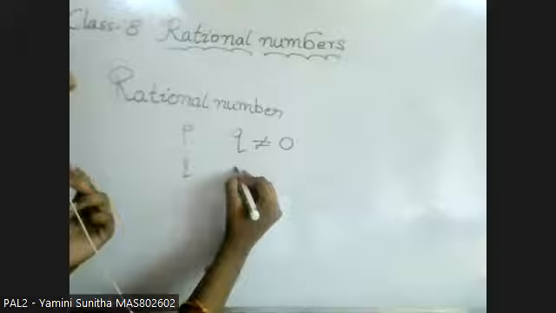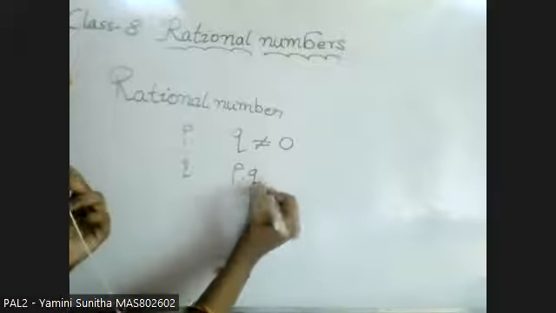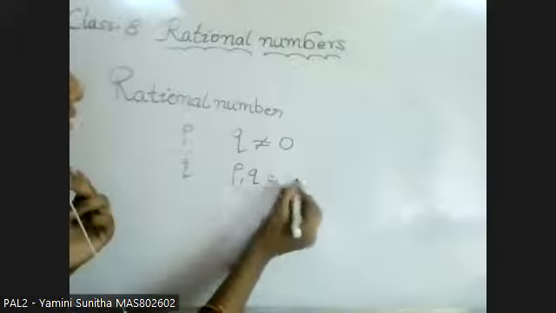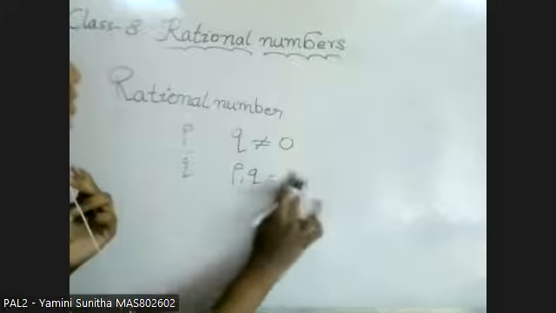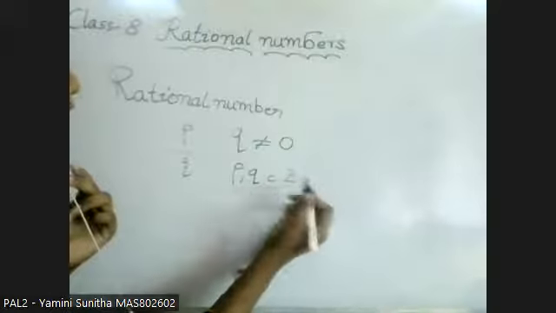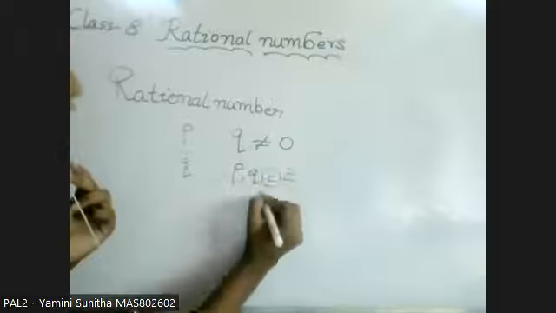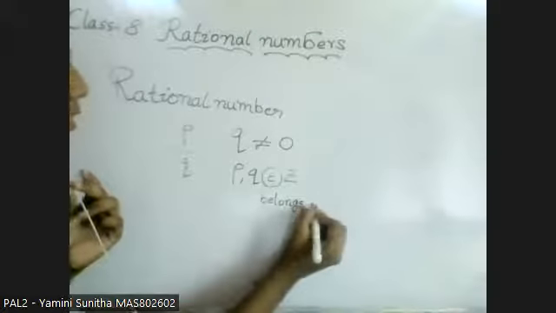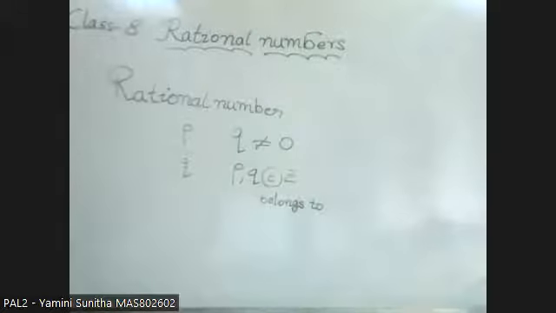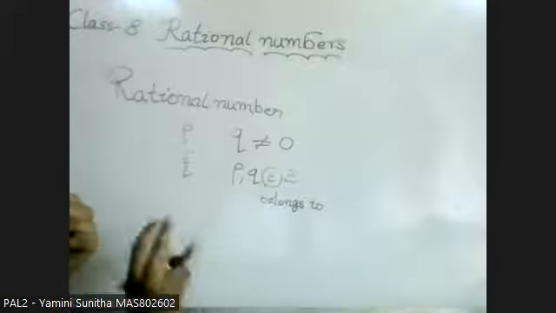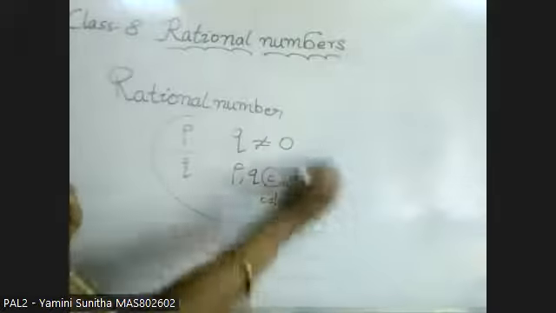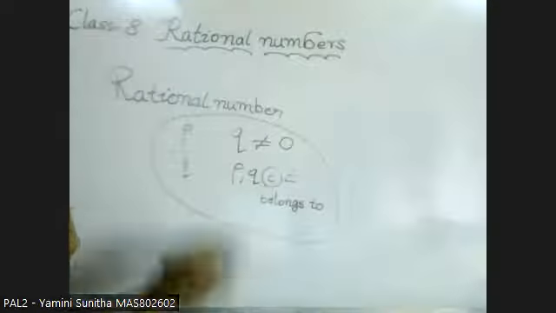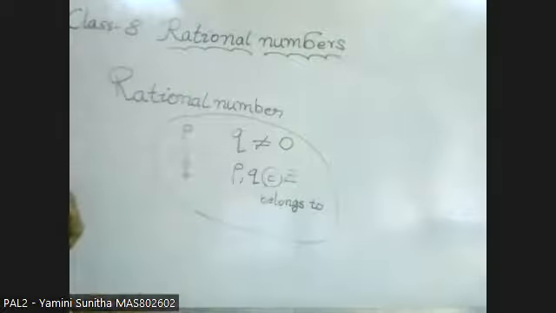And next, P and Q should belong to integers. This is the belongs-to symbol. P and Q belong to integers. This is the main condition of rational numbers: Q should not be equal to 0, and P and Q belong to integers.